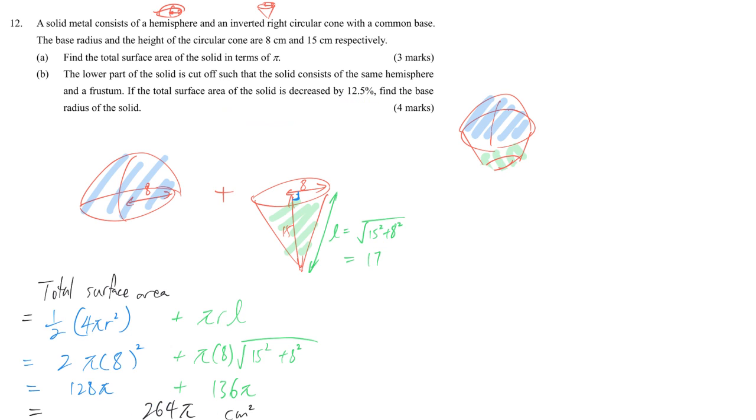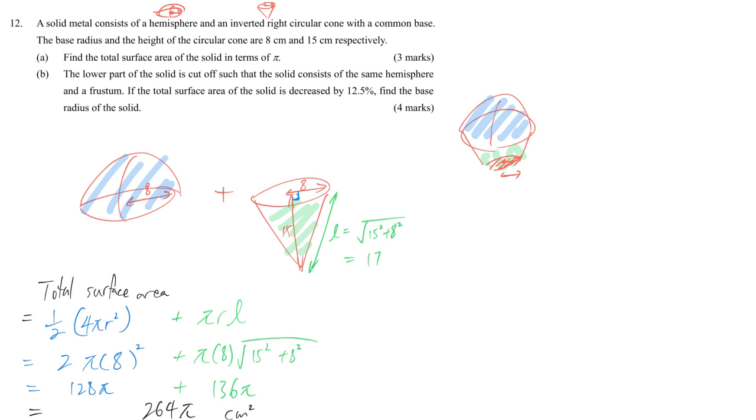Now we are going to build an equation describing the new surface area. It comes from 3 parts: the same blue part, the smaller green part, and also don't forget that we have the base area at the bottom now. The key point is what is the base radius of the cut part here.